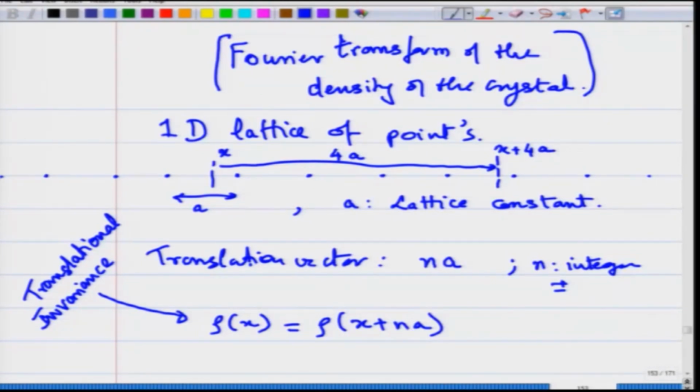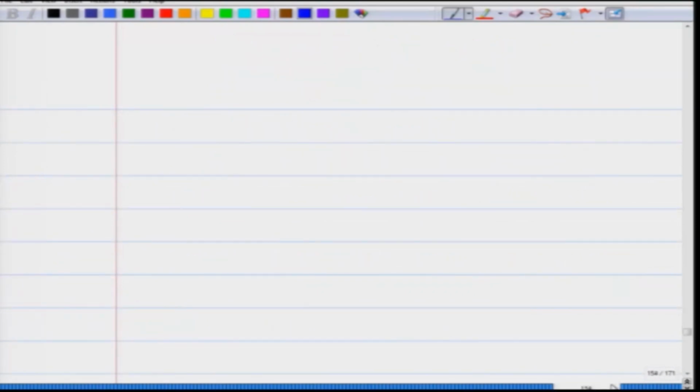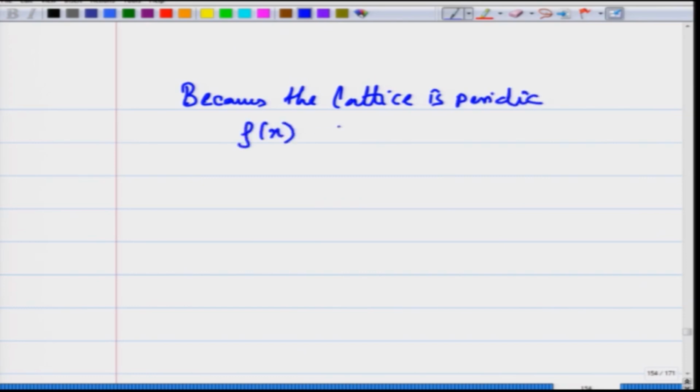Now, being a periodic lattice, I can take its Fourier transform, because the lattice is periodic. The density rho x will be periodic, because I am encountering lattice points after a distance a. Every time I encounter a lattice point, there is a change in the density. So, rho x will be periodic.